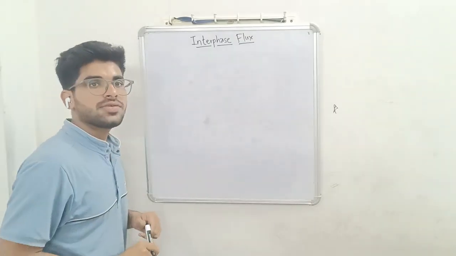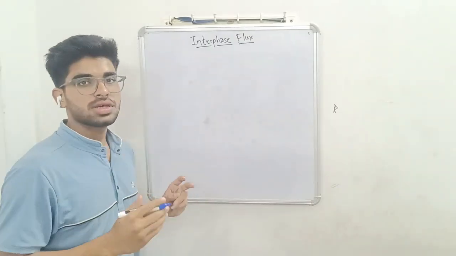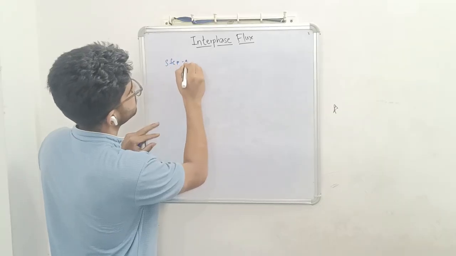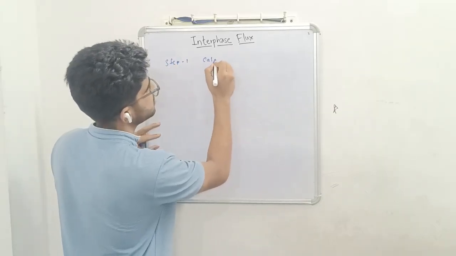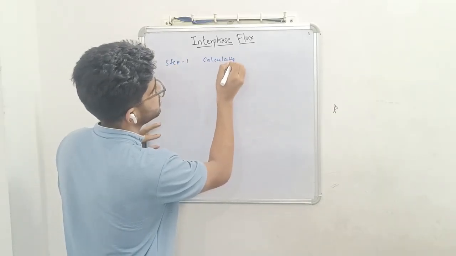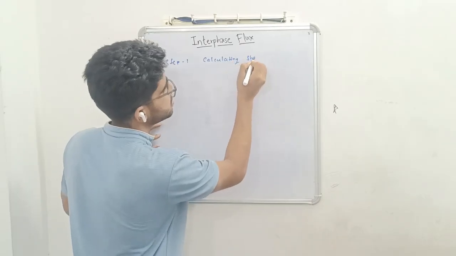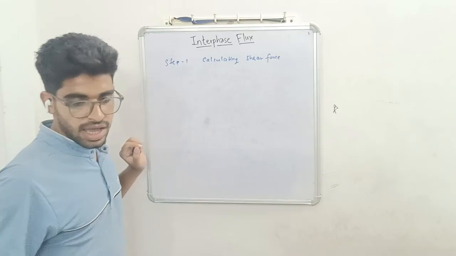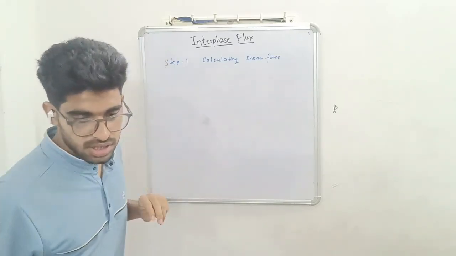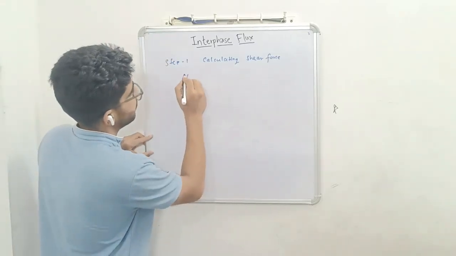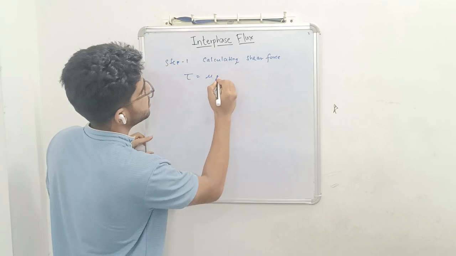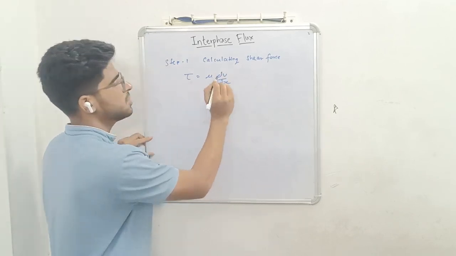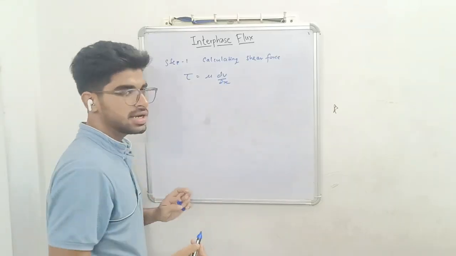So the step one is, we have to calculate the shear stress. The shear stress is given by tau is equal to mu dv by dy, where mu is the constant and dv by dy is the velocity gradient.